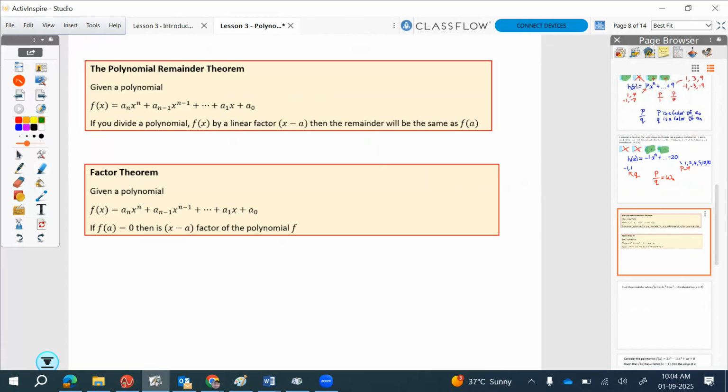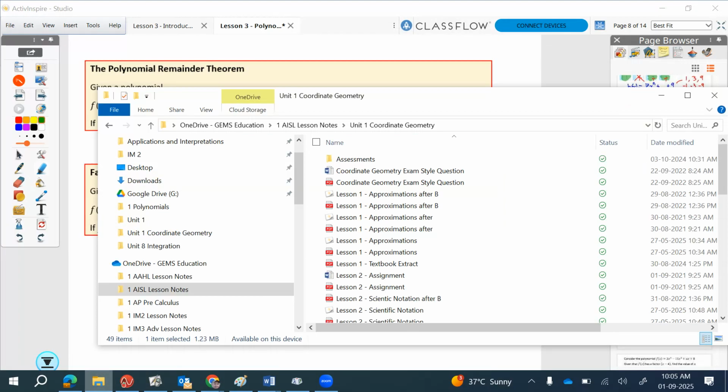So, polynomial remainder theorem. Given any polynomial f of x, if you divide the polynomial by the linear factor x minus a, then the remainder will be the same as f of a. Okay, let's go back to last week and test this out.